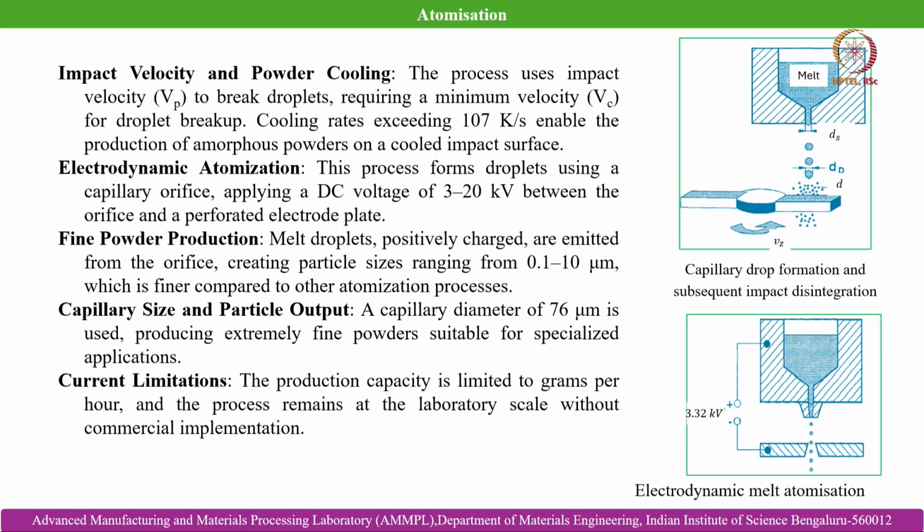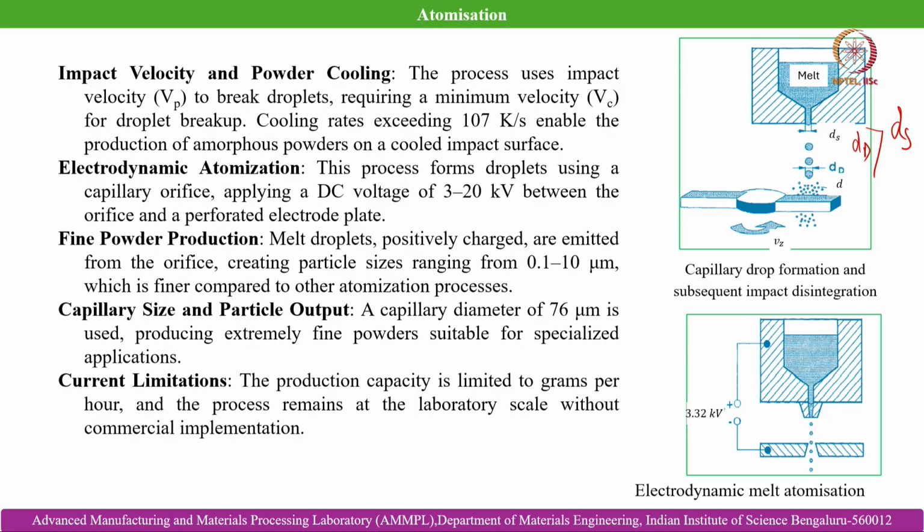This is a typical schematic of the capillary drop formation. This is the diameter of the capillary melt stream, and after coming out of the capillary channel, it is the diameter of the droplet that it becomes. So the droplet diameter dd is greater than ds, the diameter of the liquid film or capillary flow.